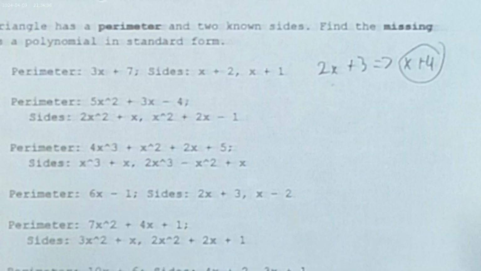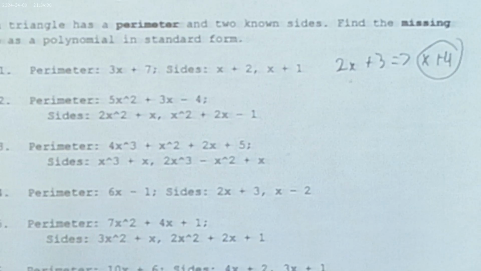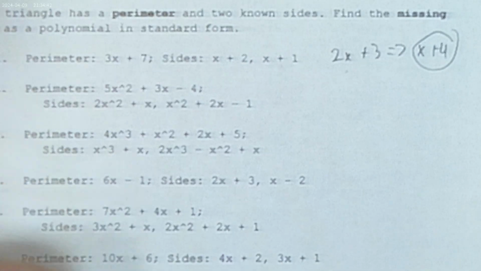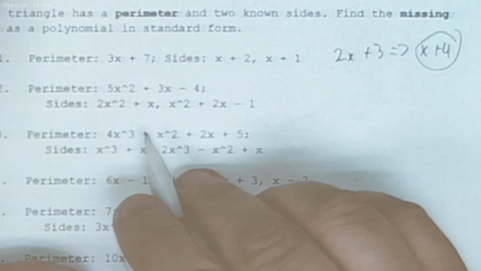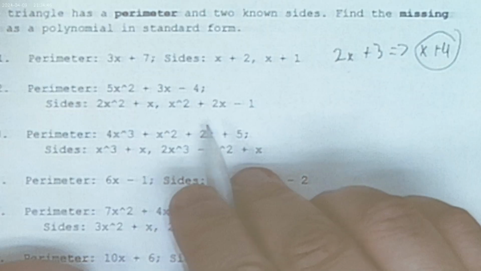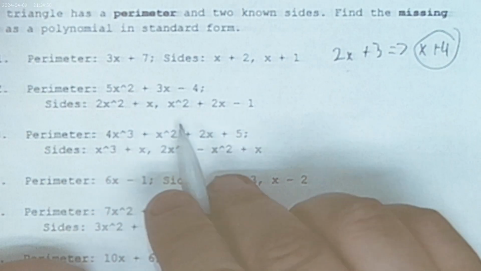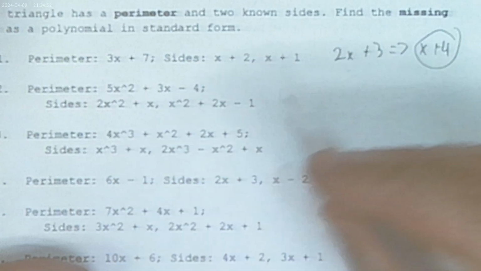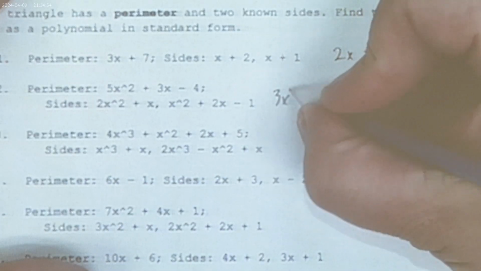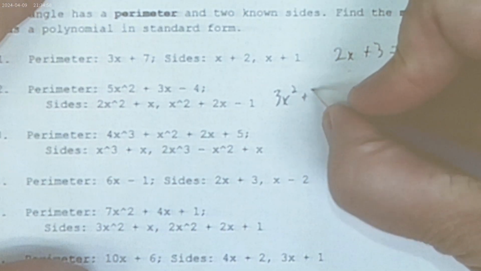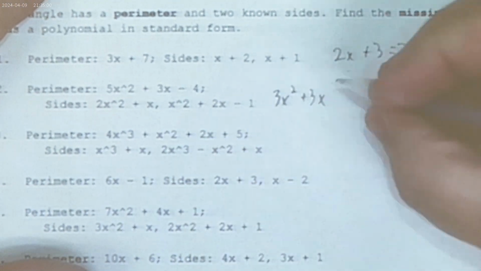Let's do it a few more. Let's do it nine more times, see if we can really hammer it home. So I've got sides 2x squared plus x, and then x squared plus 2x minus 1. So 2x squared plus x squared gives me 3x squared. x plus 2x gives me 3x, and then minus 1.